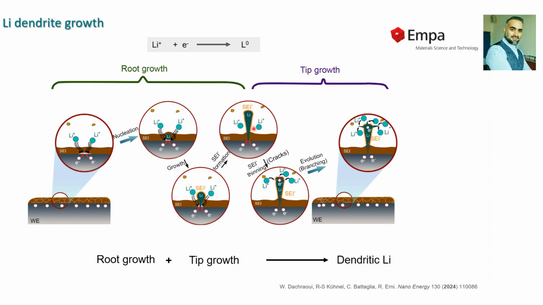In these positions, electrons coming through the lithium metal can meet again the lithium ions, and then we have formation of branches via a new deposition or plating of lithium metal. And here we can see that the solid electrolyte interface plays a crucial role in making a combination between the root growth and the tip growth to allow the formation of dendritic lithium dendrites.